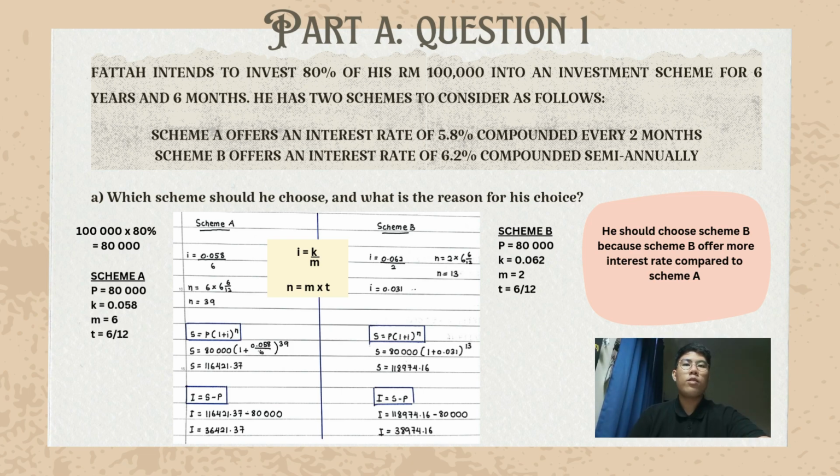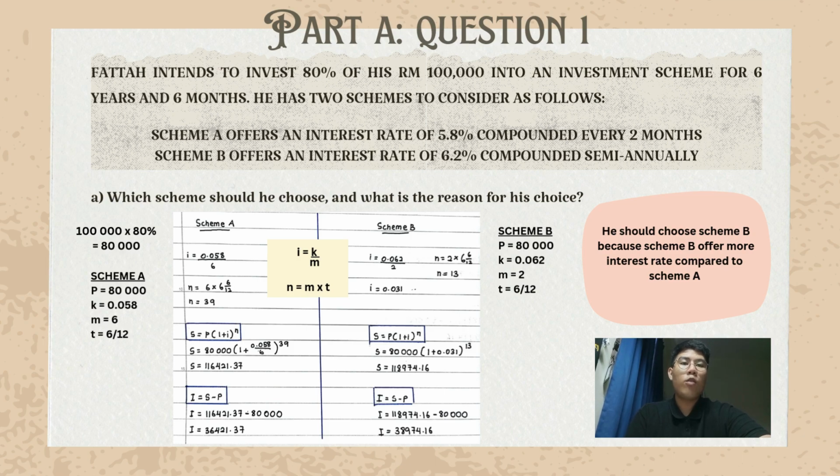First, 100,000 multiply 80% equals 80,000. For scheme A, use this formula: I equals k over m, n equals m multiply t. I equals 0.058 over 6, n equals 6 multiply 66 over 12, n equals 39. Use this formula: S equals P open bracket 1 plus i close bracket to the power of n.